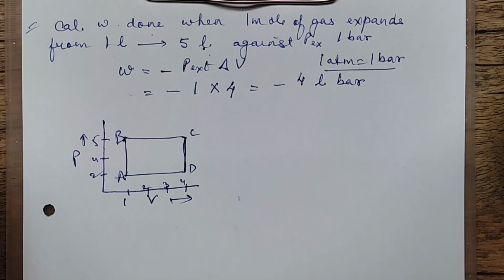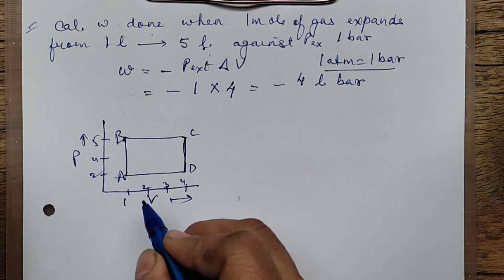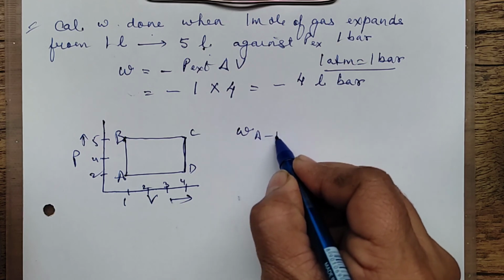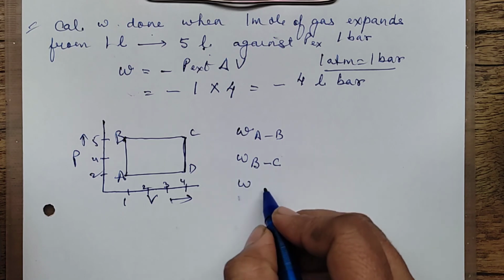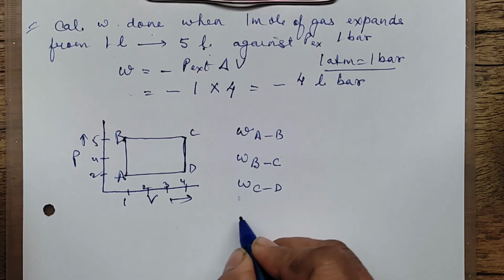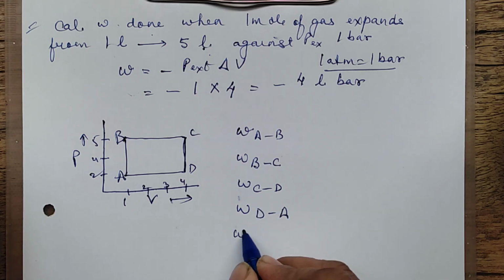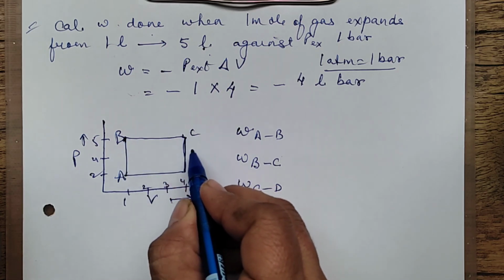Okay, I hope you have followed. Now one question I am giving you for practice. You can try this out on your own. Suppose you have a graph like this and you are asked to calculate the work done in moving the object from A to B, from B to C, from C to D, from D to A, and also A, B, C, D and again coming back to A. That means from here it begins and it comes back to this point.